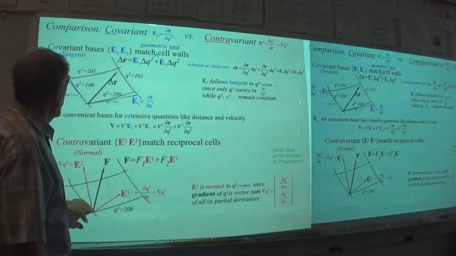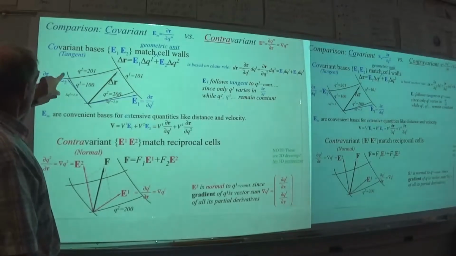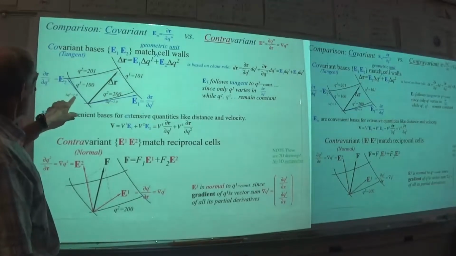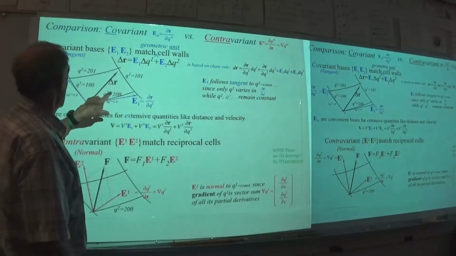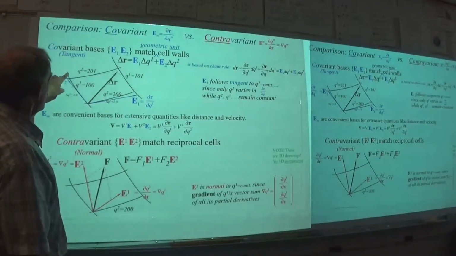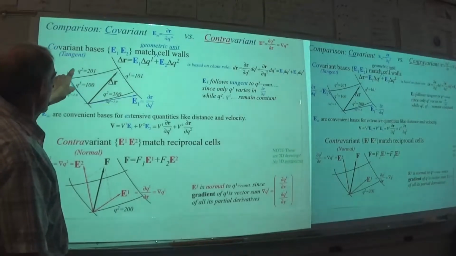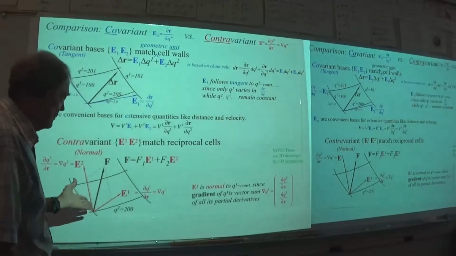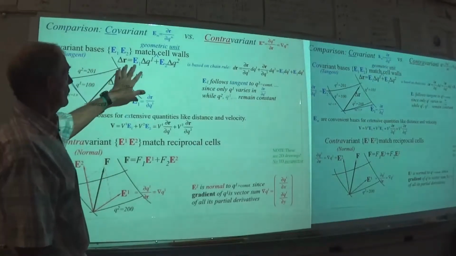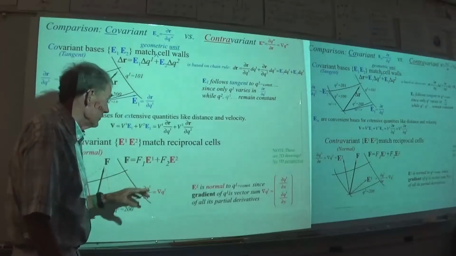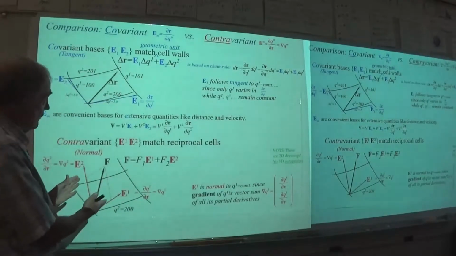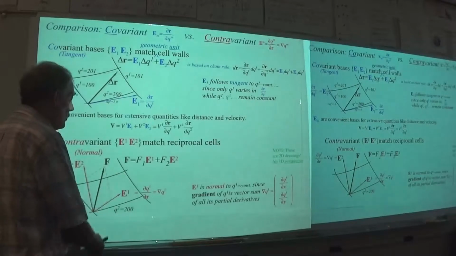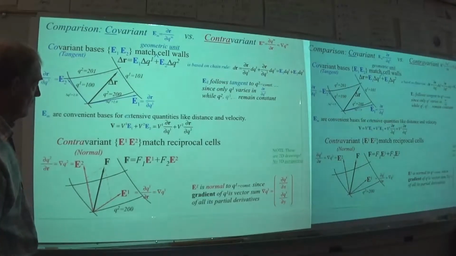So there's Q2 equal a constant, 1, there, Q1 equal a constant, 100 right there, Q1 equal 101 there. Same deal here, but this sort of equation is not present here. These are all normal vectors that are being made here.